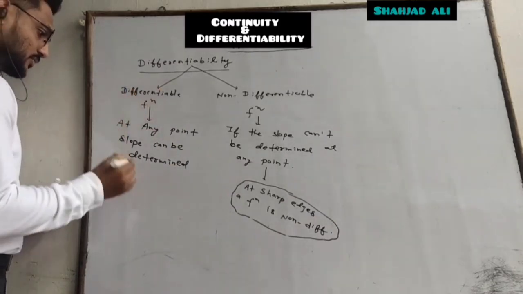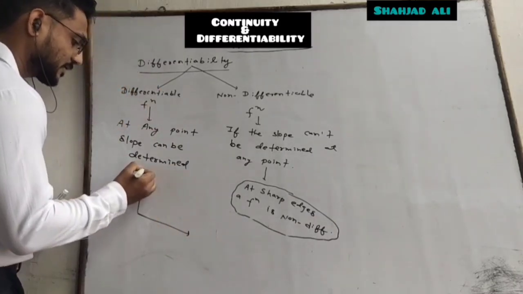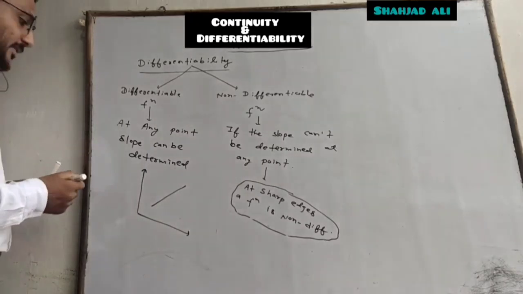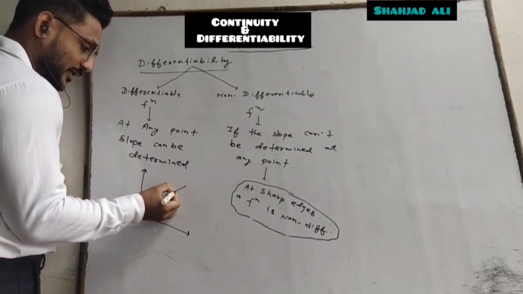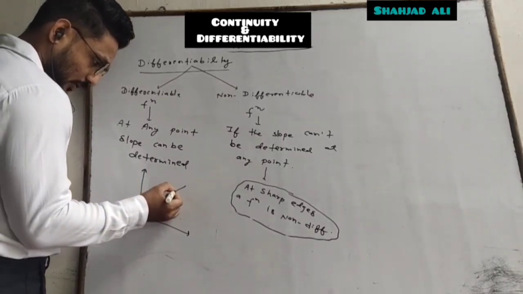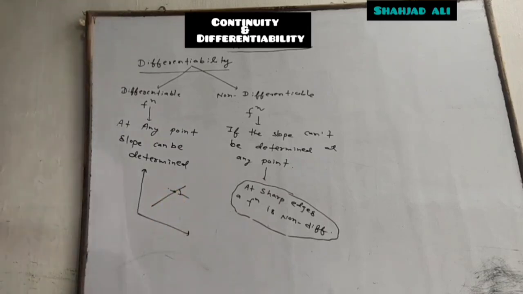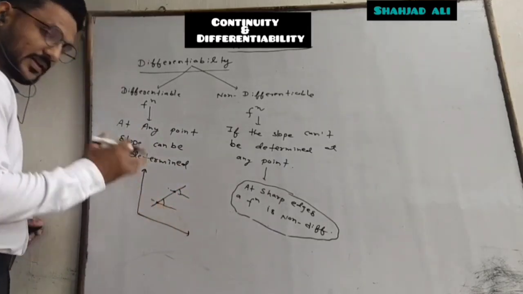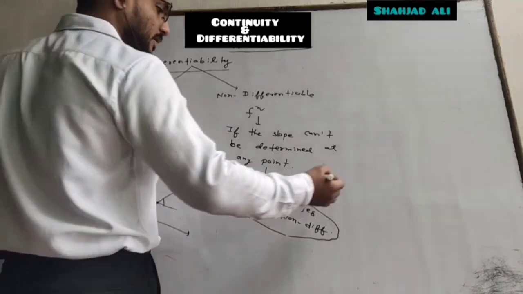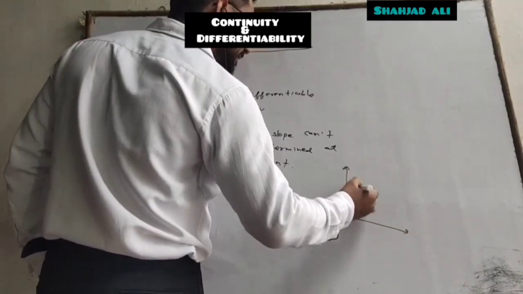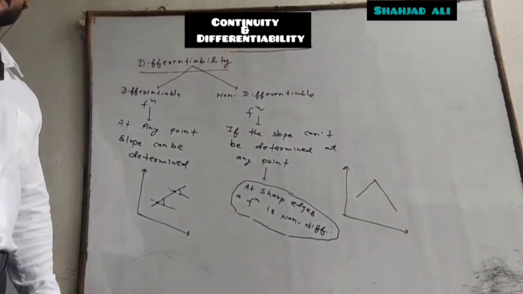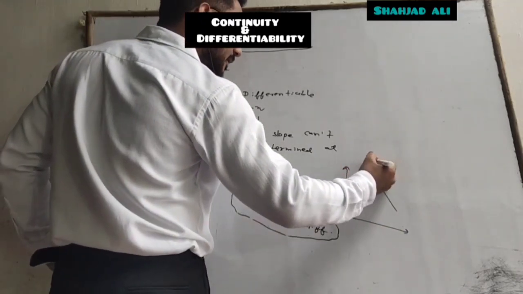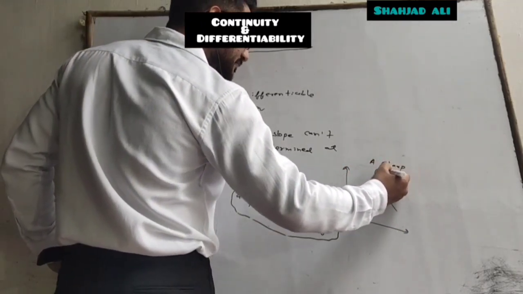Like if we are going through this example of a differentiable function, for example, this is a function in which if you want to know the slope at this point, it can be determined. This can be determined, or here you can determine as well. But if a function is, for example, like this, now at this point there is a sharp edge.